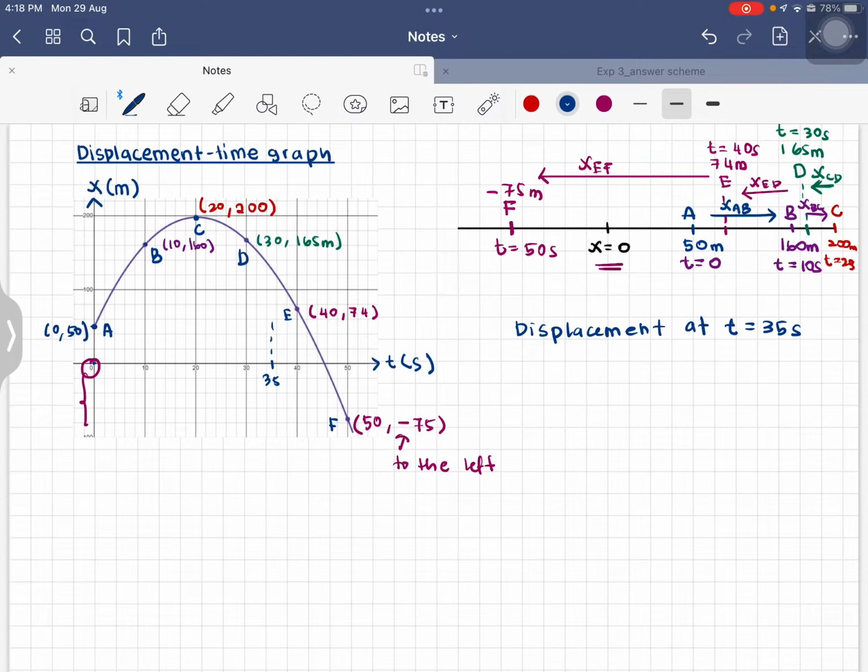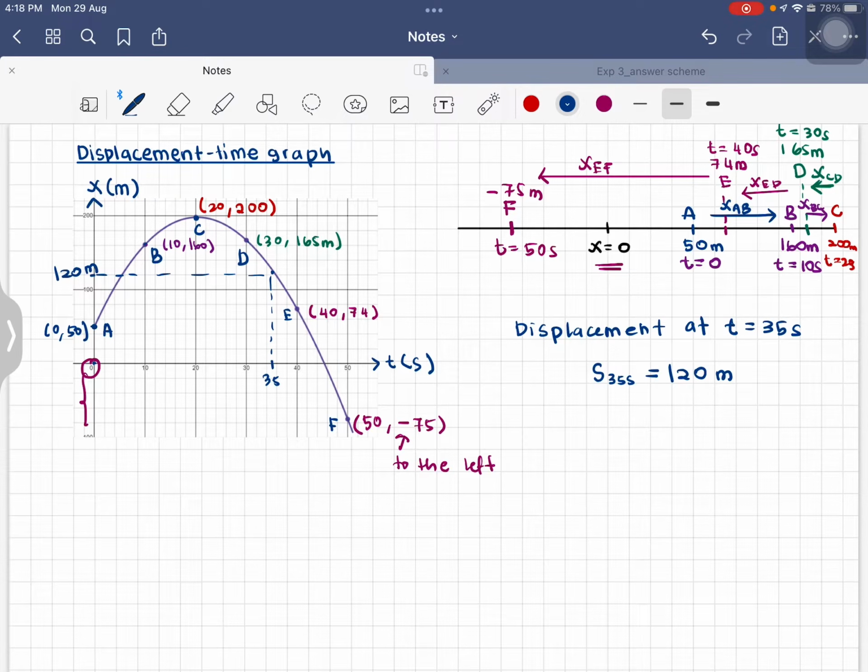You just extend it up until you find the graph, and then go to the y-axis. You will get something like 100. Your displacement at 35 second is equal to 120 meter. This is 120 meter.